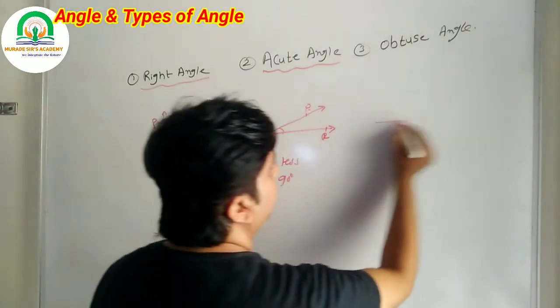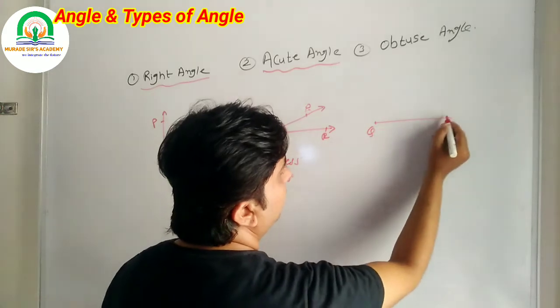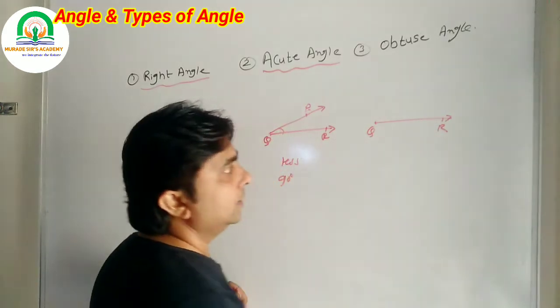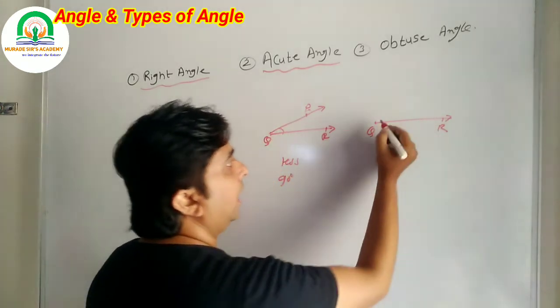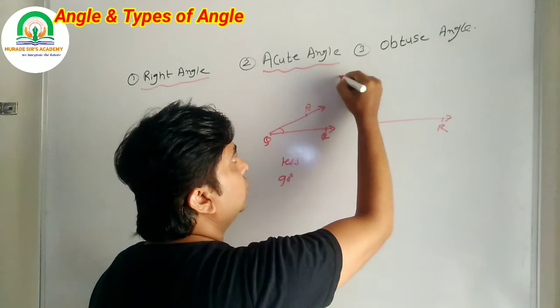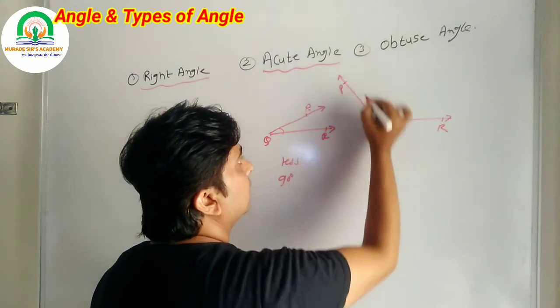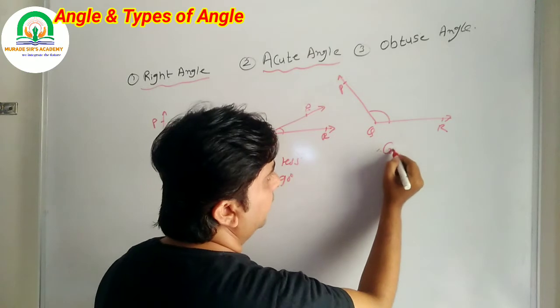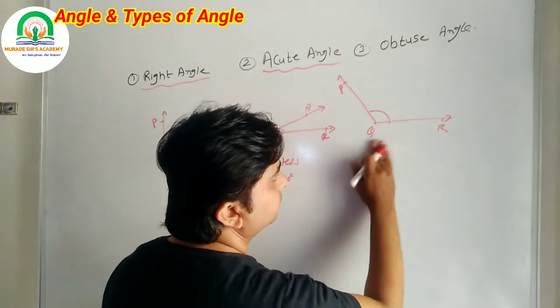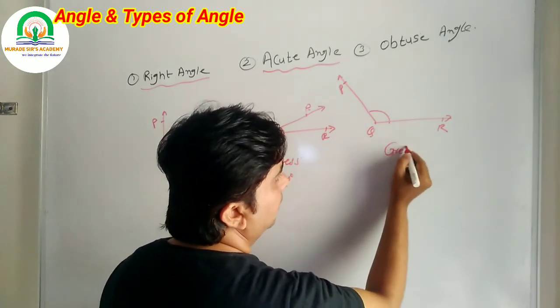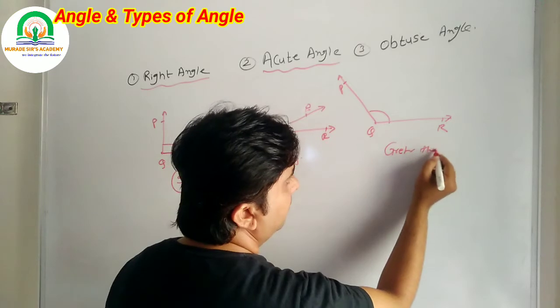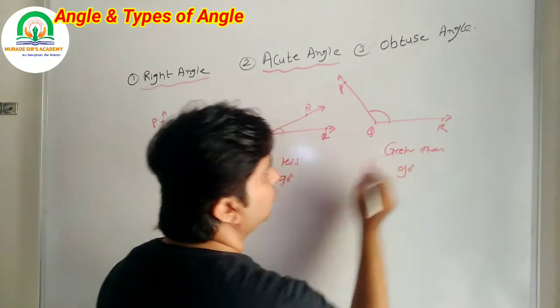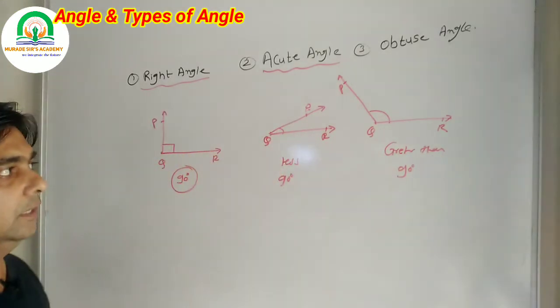Same way, if QR is one ray and the angle traced by QP is greater than 90 degrees, it is called an obtuse angle.